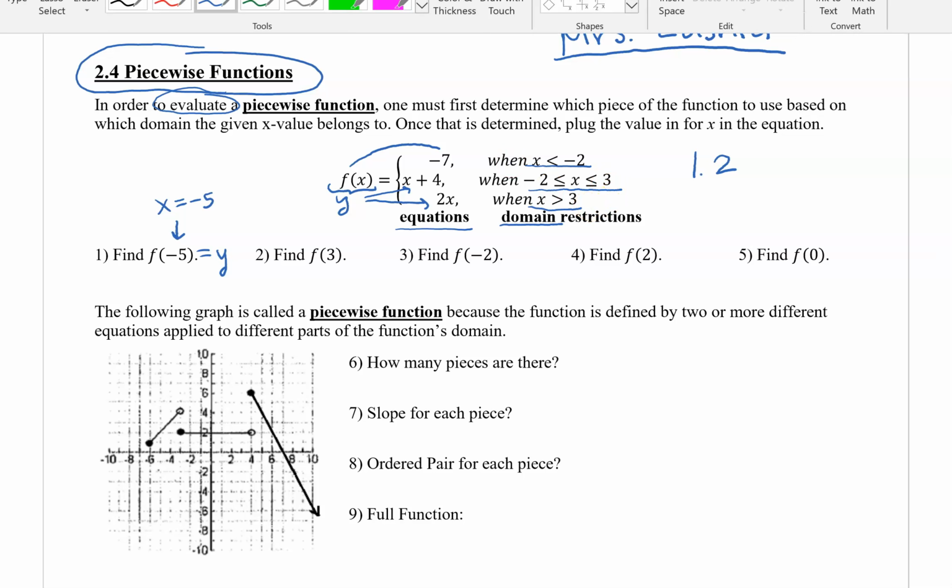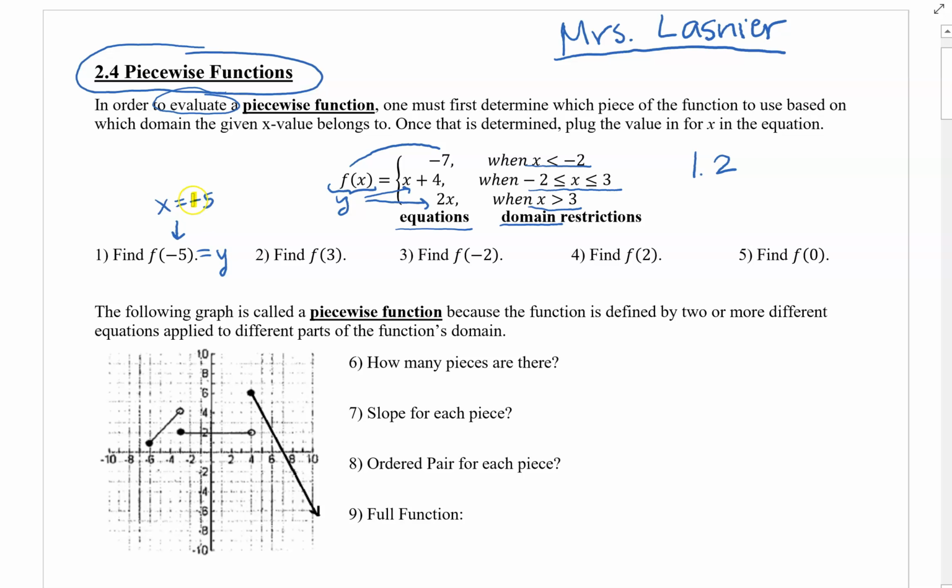Since this is a negative number that's less than -2, it matches that domain restriction, which means it would go along with the y value of -7. So we would say f of -5 is equal to -7 because -5 belongs to that first domain restriction.